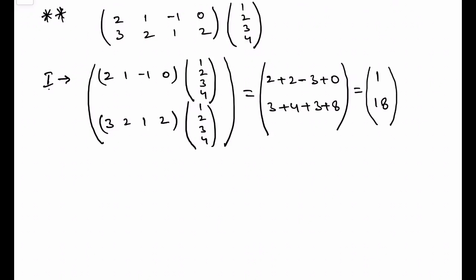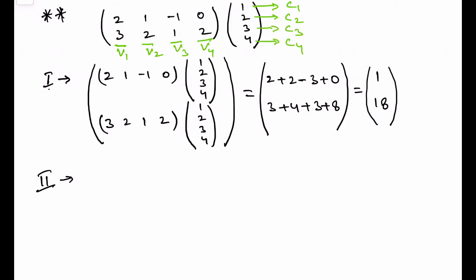which will give us 1 and 18. Now for the second method, we know that the first column is v1, the second column is v2, the third column is v3, and the fourth column is v4, and these are c1, c2, c3, c4.